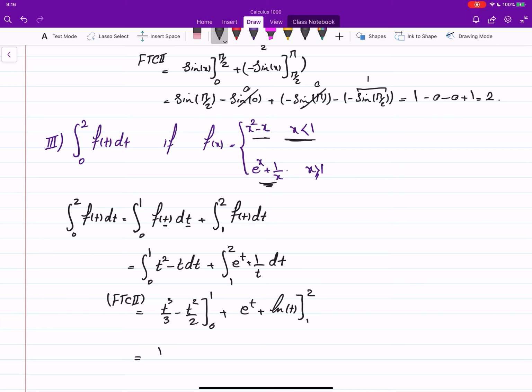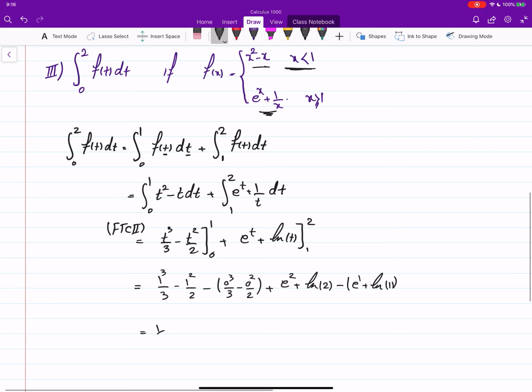And the values are 1 cubed over 3 minus 1 squared over 2 minus 0 cubed over 3 minus 0 squared over 2, plus e to the power 2 plus ln 2 minus e to the power 1 plus ln 1.